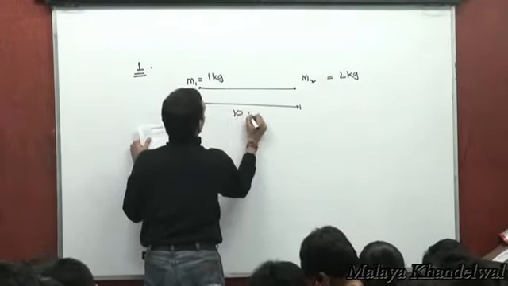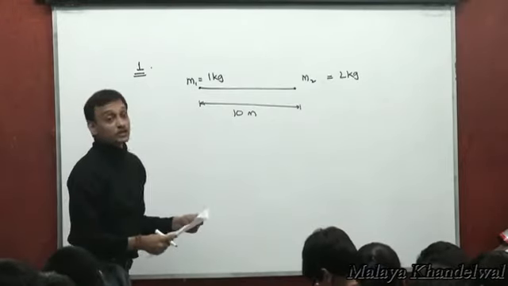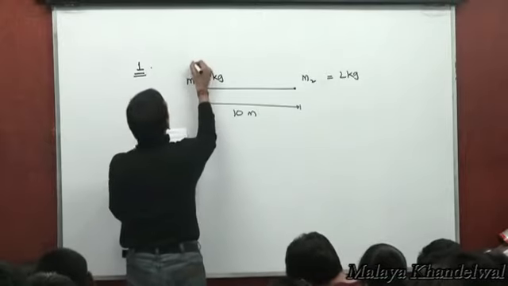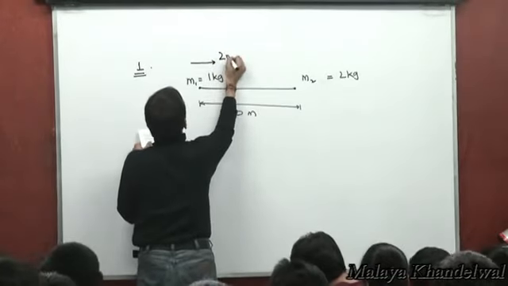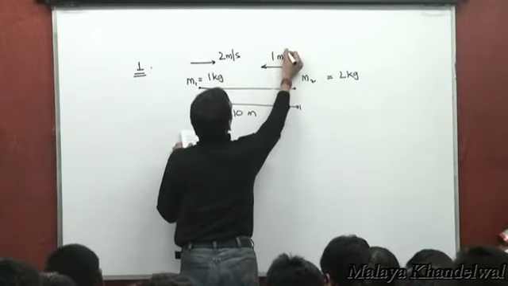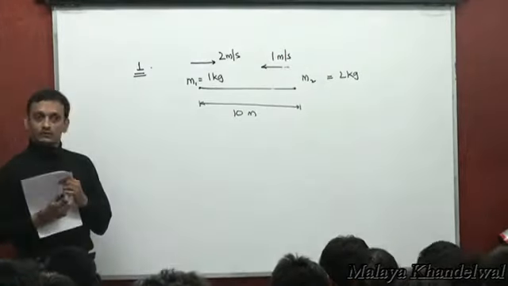At time t equal to 0, they start moving towards each other under mutual attraction force, with uniform speeds of 2 meters per second and 1 meter per second, right? We want to find the displacement of the center of mass in time t equal to 1 second.